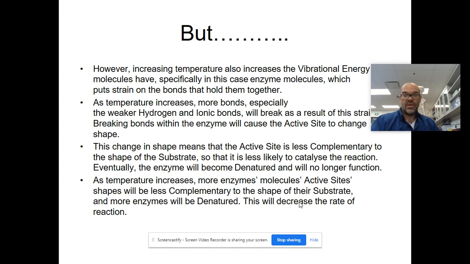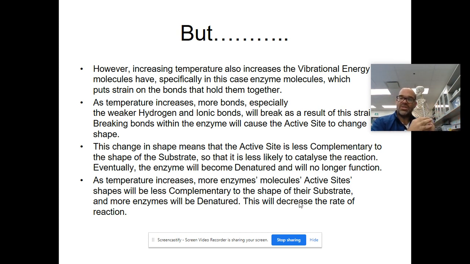But if you get too warm, those enzymes are complex three-dimensional structures. Remember, we mentioned they're quaternary proteins. You have lots of hydrogen bonding, lots of disulfide bridges, and some ionic bonding in there.